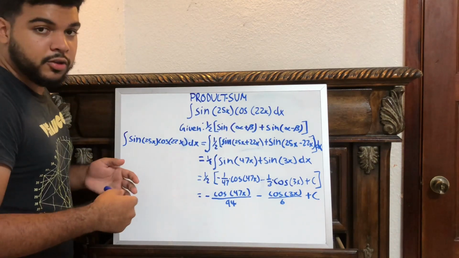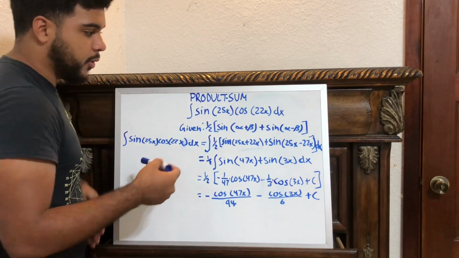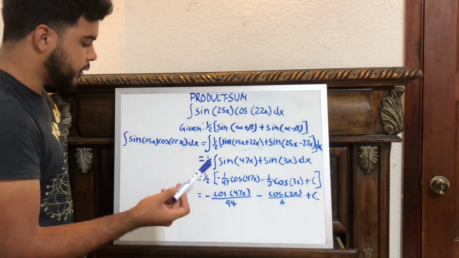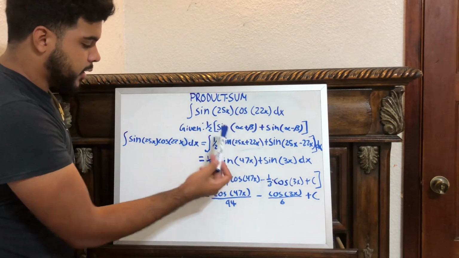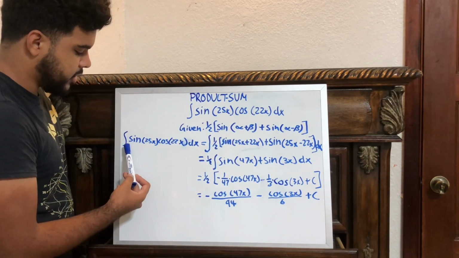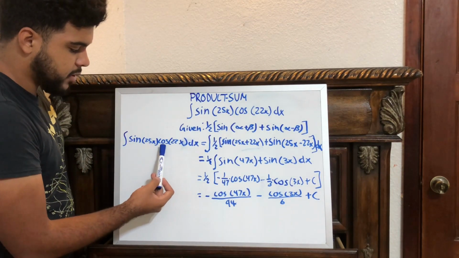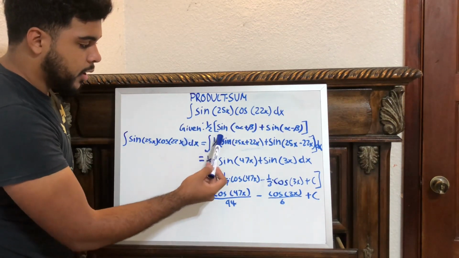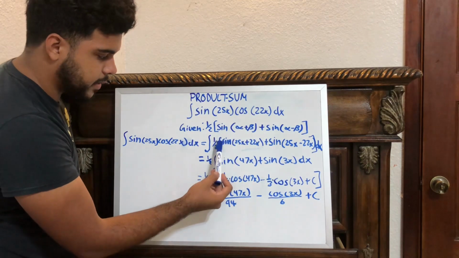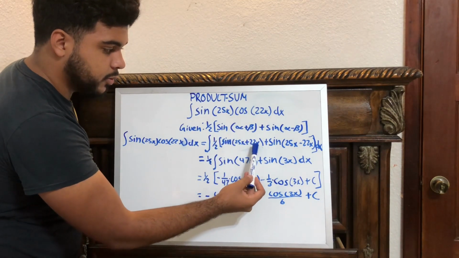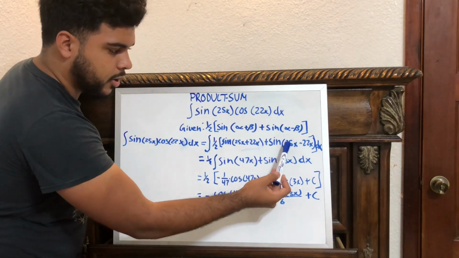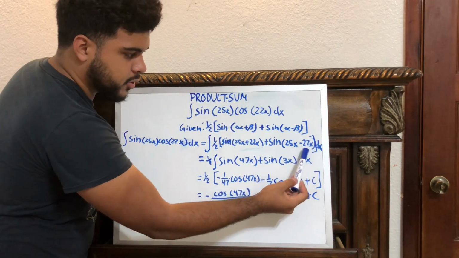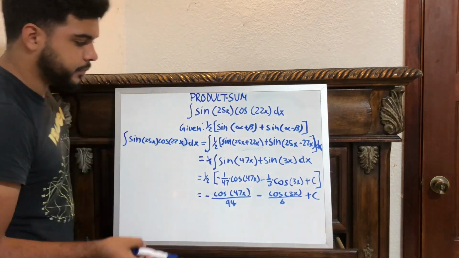So you will see other trig functions that you would use a different formula for, right? Then we will transform this to that, which is the integral of sine 25x times cosine 22x dx equals the integral of a half times sine (25x plus 22x) plus sine (25x minus 22x), dx, right?